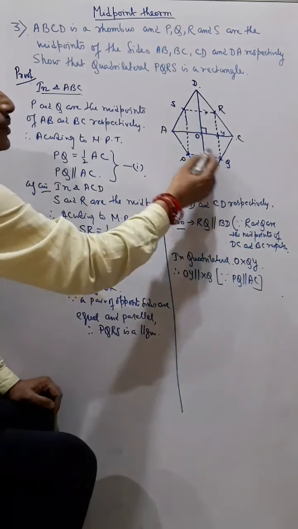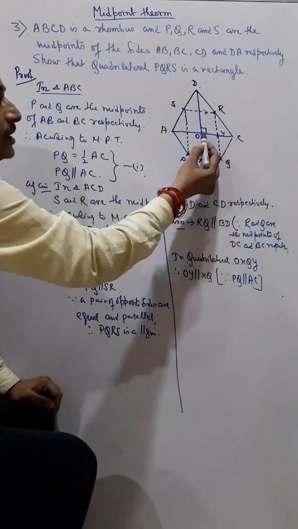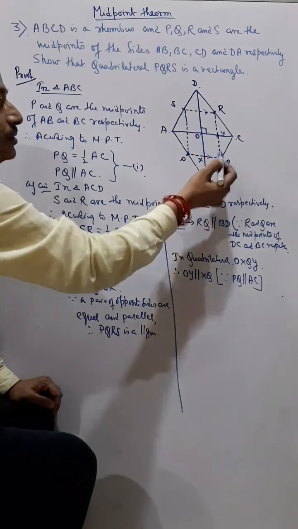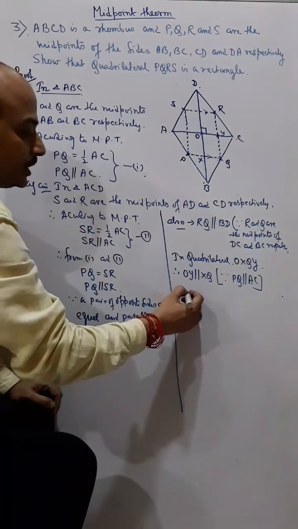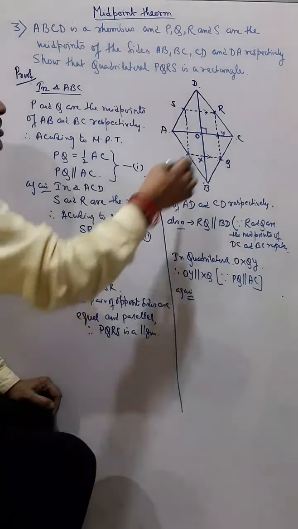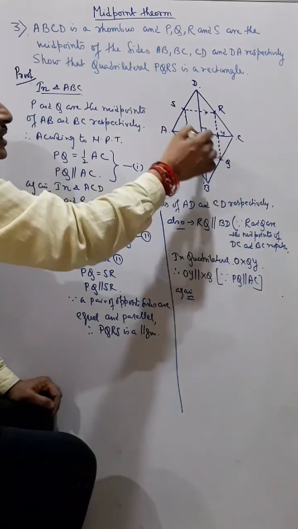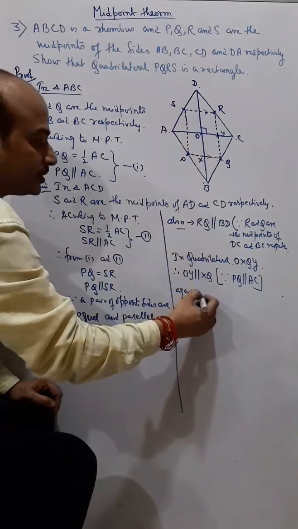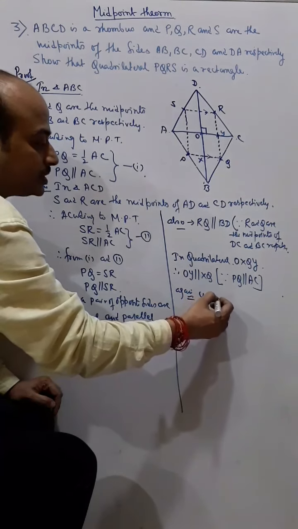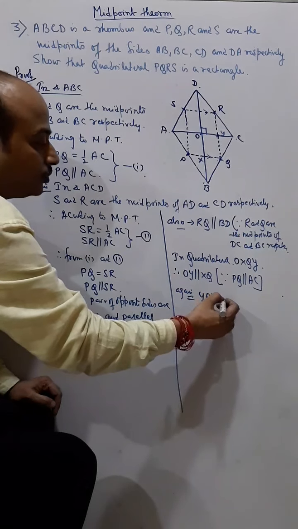So if PQ is parallel to AC, then OY will be parallel to XQ. Again, we can also say that YQ is parallel to OX.